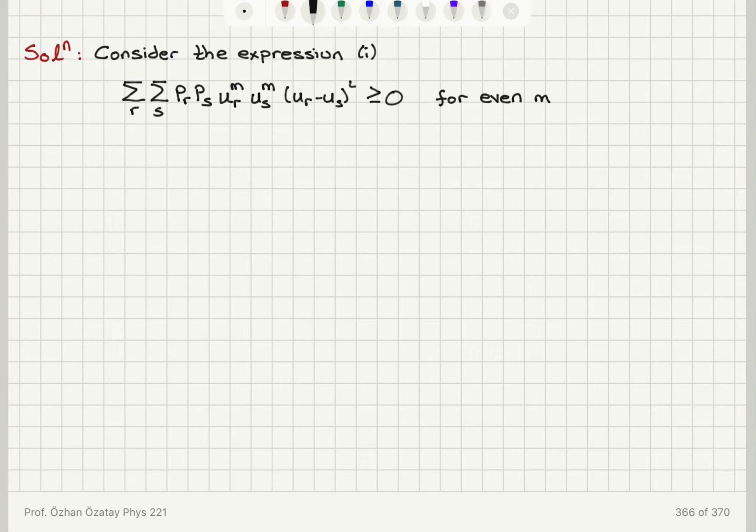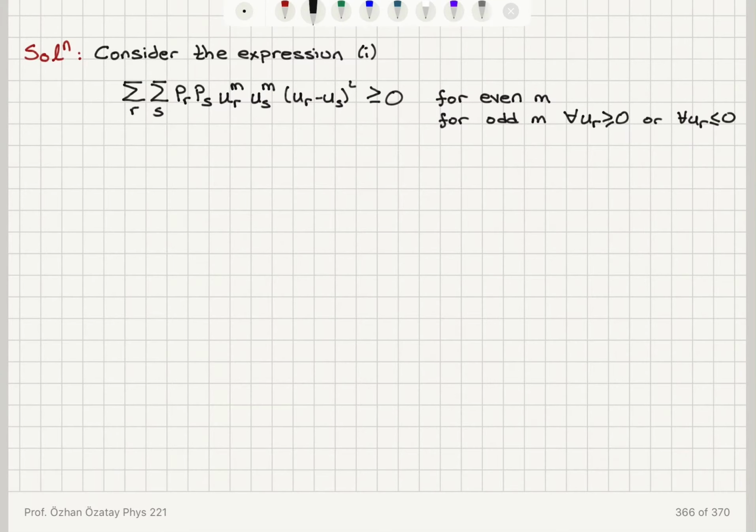And for odd M, if M is an odd number, then I want the product to be greater or equal to 0. The product of two numbers is going to be greater or equal to 0 if they have the same sign. So this is going to be true if all u are greater or equal to 0, or all u are less or equal to 0.